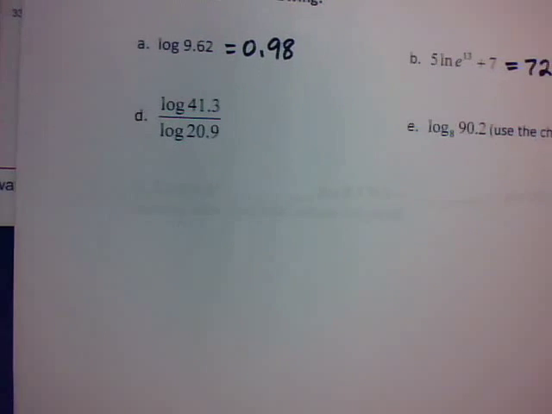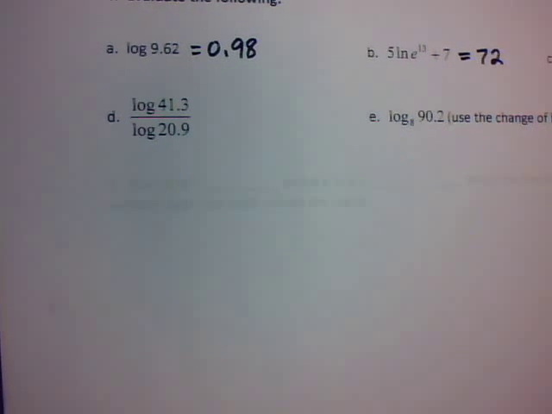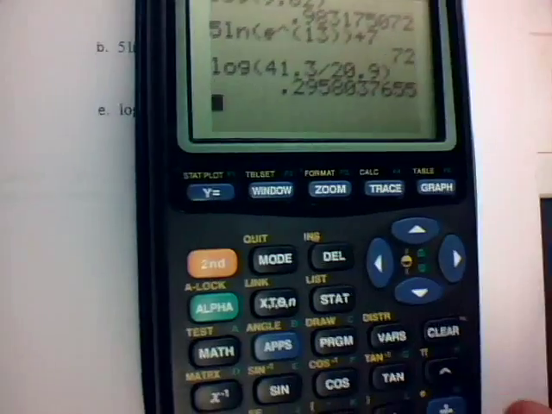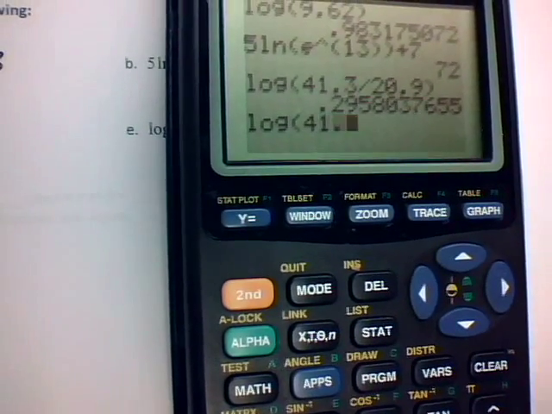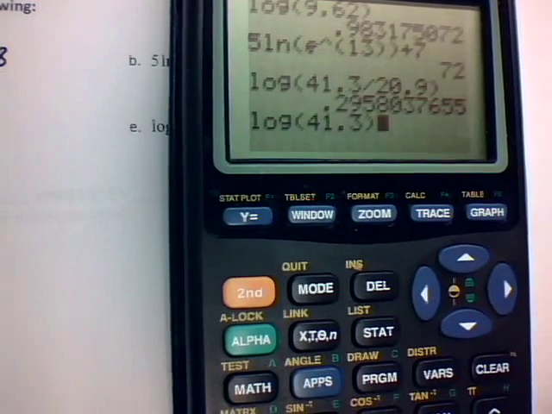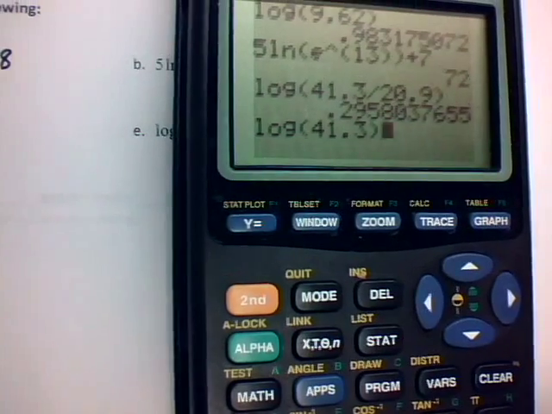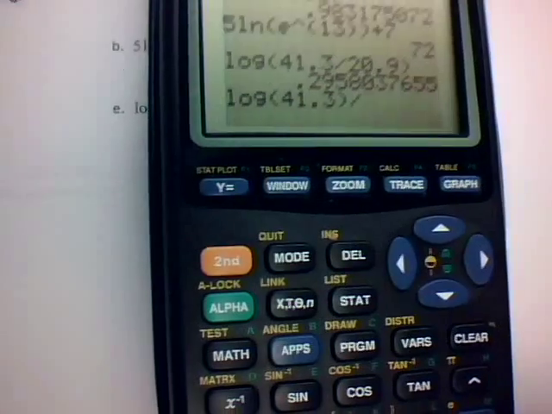Part D, you've got the log of 41.3 divided by the log of 20.9. Using a calculator, we type the log of 41.3. Now you want to close the parentheses because you're only taking the log of 41.3. And whatever that is going to be divided by the log of 20.9.